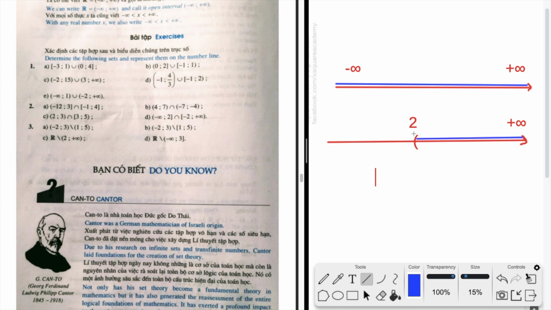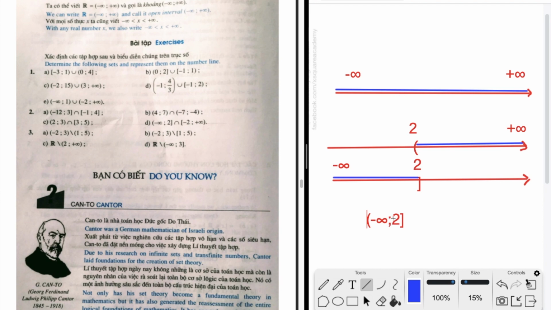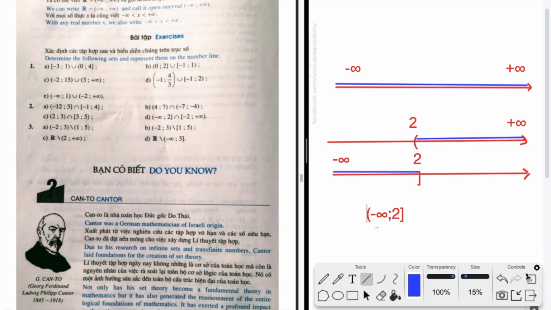And you know, the number 2 is an element of this set but is not an element of the other, so the result contains the number 2. This is the result on the number line, and this is the result when we use symbols. Remember that we never use a square bracket for infinity on the number line. We just use parentheses for infinity in the result when we use symbols.